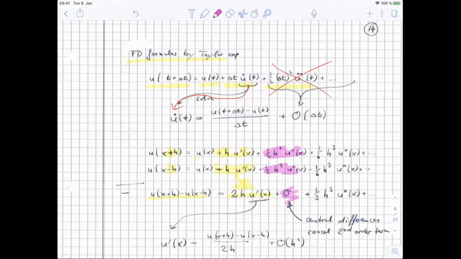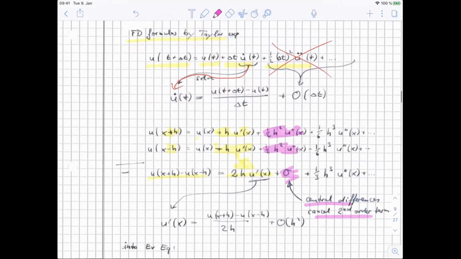So in this central derivative formula, you actually cancel the second order term. And what comes out of it is a formula that gives you the derivative of u that is accurate with an error that goes down like the grid spacing squared.